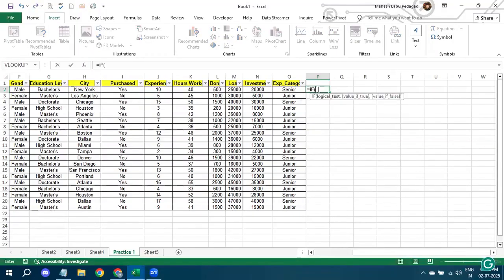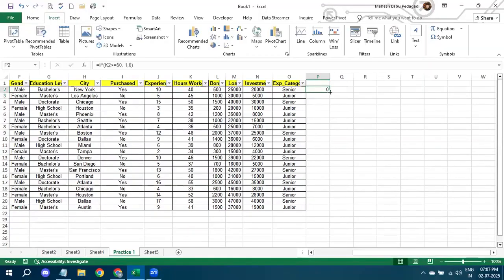But how to convert that 1 and 0 into pass or fail text, I'm not able to do that in Excel. Okay, I explained this earlier. See, IF condition: if these marks are greater than or equal to 50, you are saying you will mention 1 is pass, otherwise 0 is fail. Will you agree?